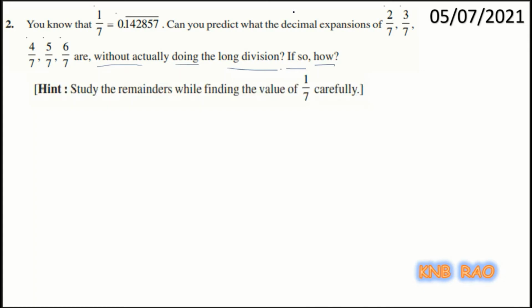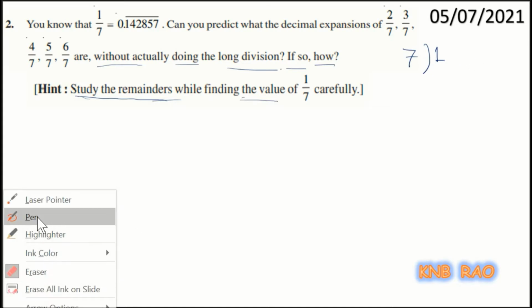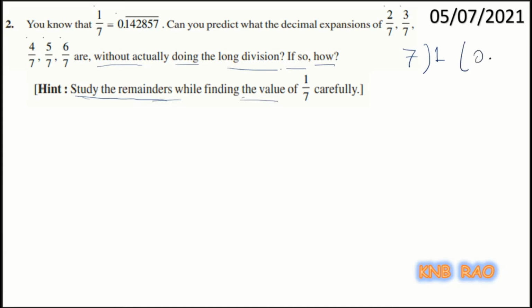For this, there is a hint. The hint is to study the remainders carefully while finding the value of 1 by 7. So, when we go for finding 1 by 7, 0 point, we first get 0 here, so 7 ones are 7, so 3 is the remainder.